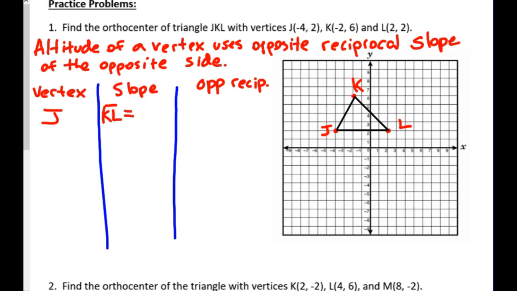So, from K to L, you can count rise and then run to L, or you can do it each little step of the way, but K looks like it's going down 1, right 1, down 1, right 1, down 1, right 1, down 1, right 1. It works, okay? So, what is that slope?